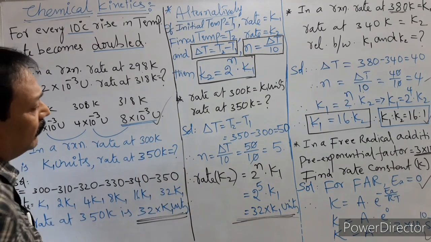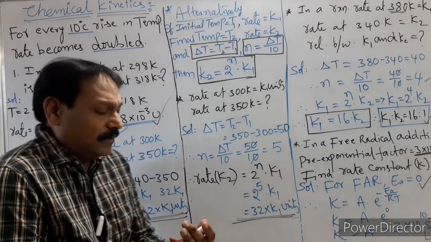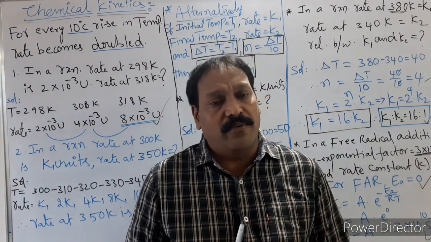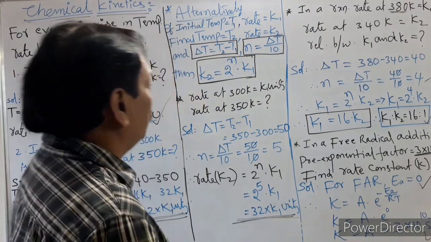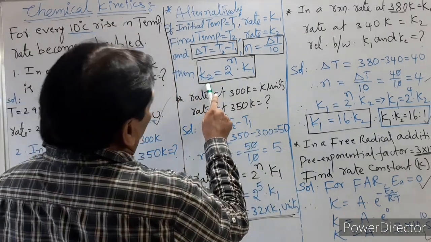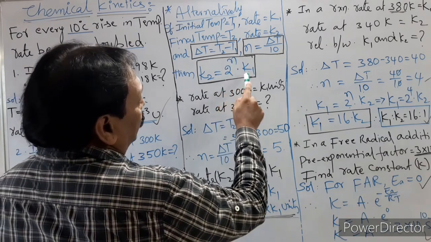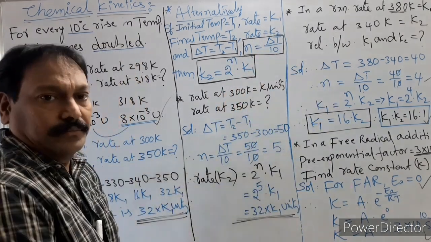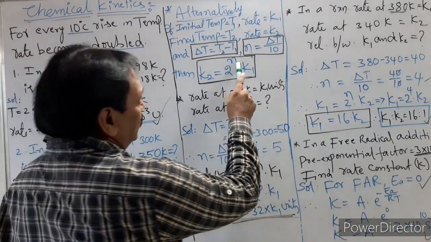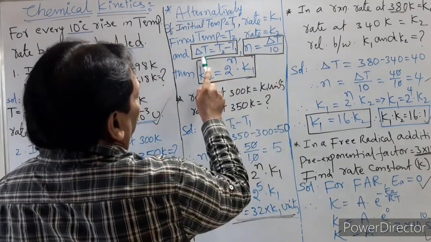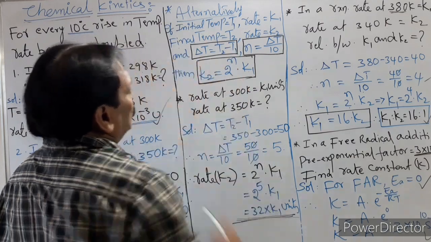Alternatively, it is easy to calculate such problems based on a formula: the final rate K2 is equal to 2 power n into initial rate K1. Here n is delta T by 10, where delta T is T2 minus T1.